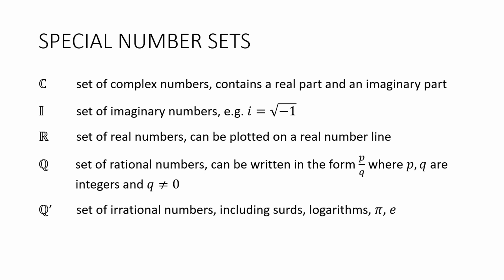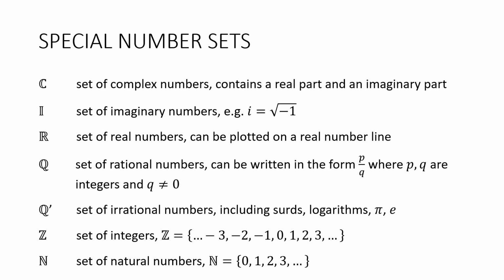Q with a dash after it is the set of irrational numbers, and that includes surds, logarithms, pi, and e. Z is the set of integers, so everywhere from -infinity up to +infinity. And finally, N is the set of natural numbers. That's 0 and then all the positive integers.